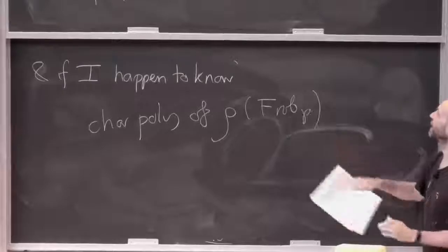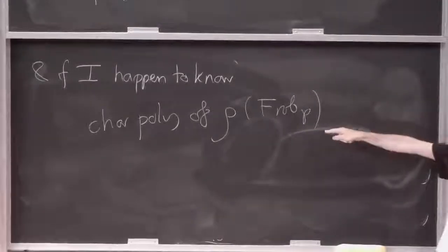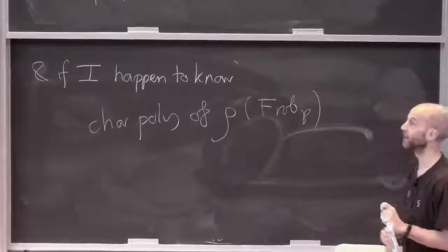But all the things in here are conjugate. So formally it's true that all the matrices in here are conjugate, so they've all got the same char poly.